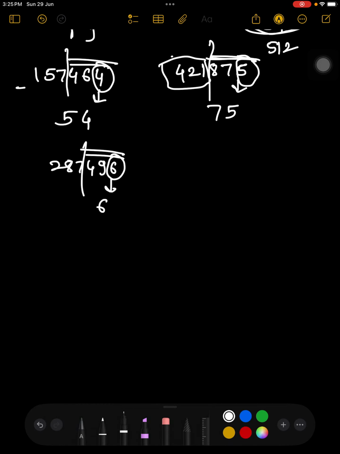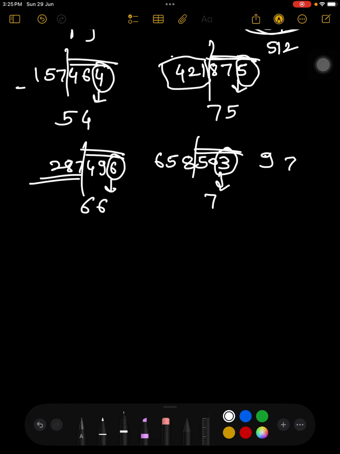Remove the last 3 digits, leaving 287. So 6 is subtracted, 216. Next, 658503. The last digit is 3, which means 7. Remove the last 3 digits. 9 cube is 729 and 8 cube is 512, so 8 is subtracted from it. So the answer is 87.